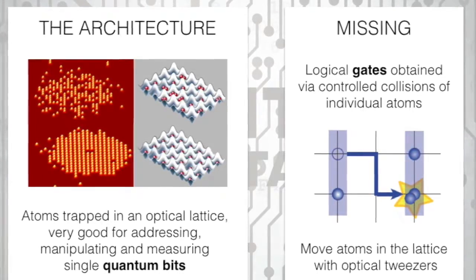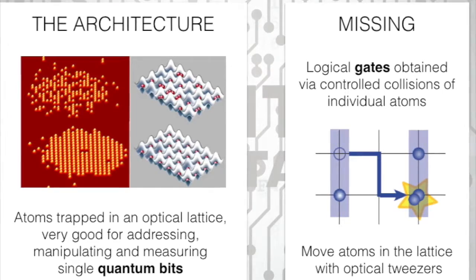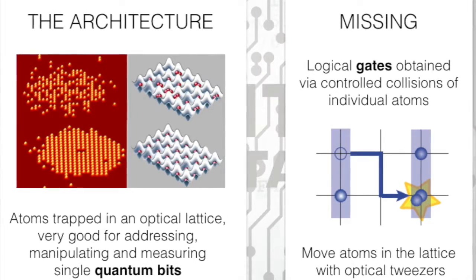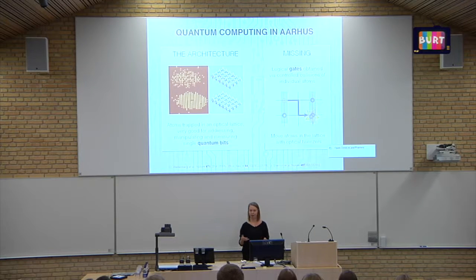We call it an optical lattice, where we can put one single atom in each well in the egg tray. And in this way, it's possible, and it's been done already, to trap up to 200, 300 atoms. So this could be the very basis for a quantum computer that has around that amount of quantum bits. And I just said that 260 would already be a really good number to have. So that's a really interesting architecture to work with.